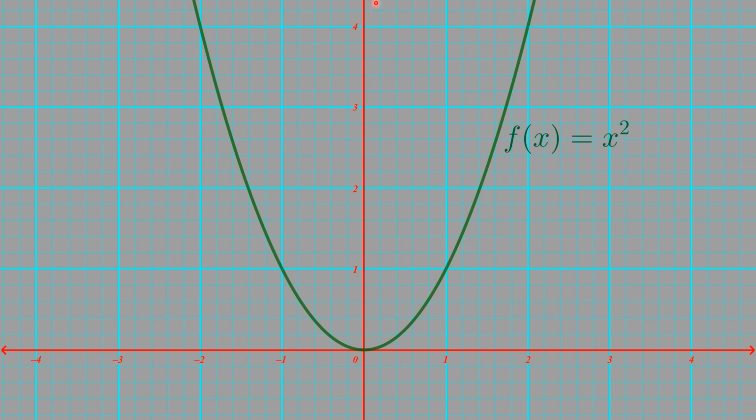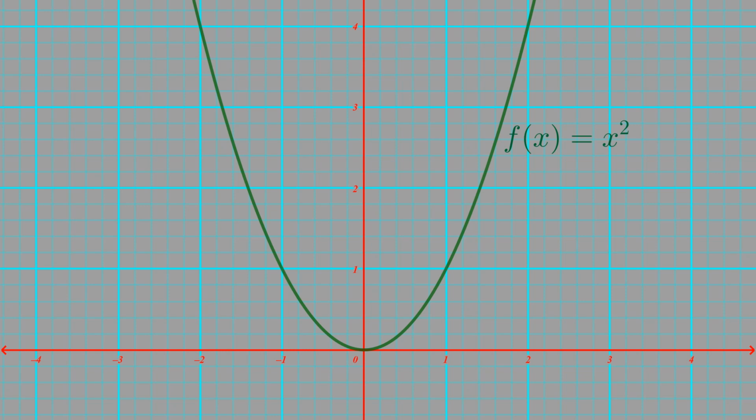So therefore the y-axis is acting like a mirror for the graph of fx is equal to x square, and therefore this function is an even function. I think you understood this one.